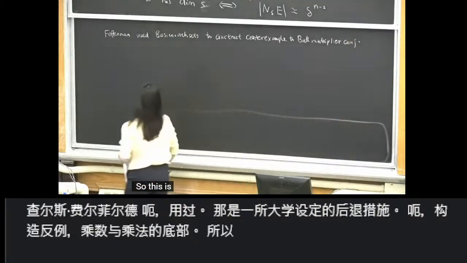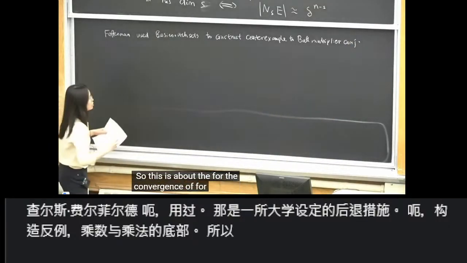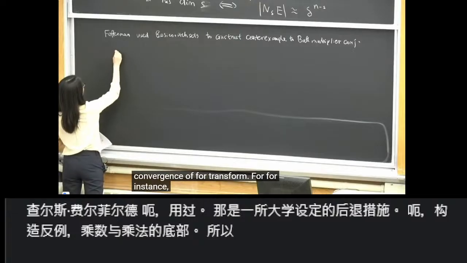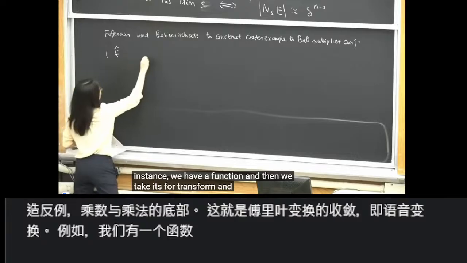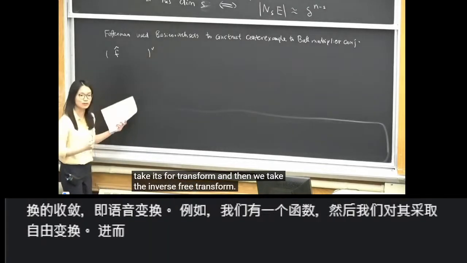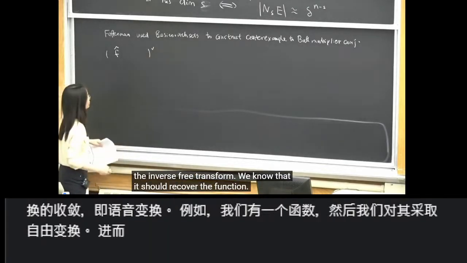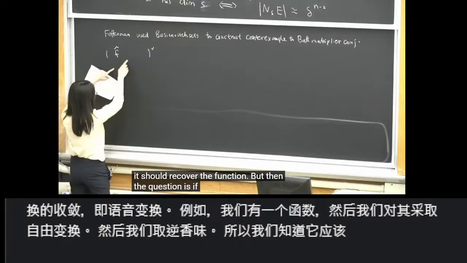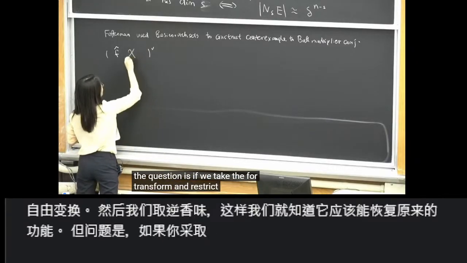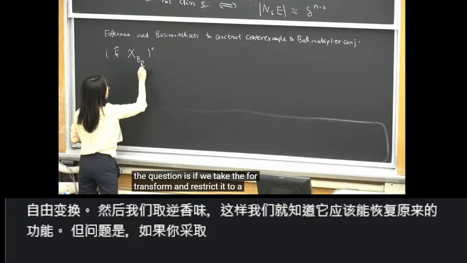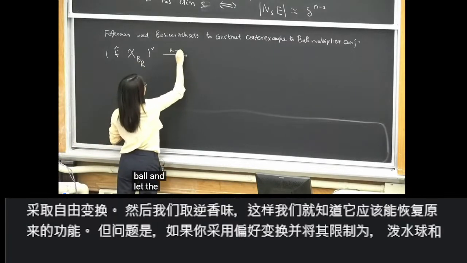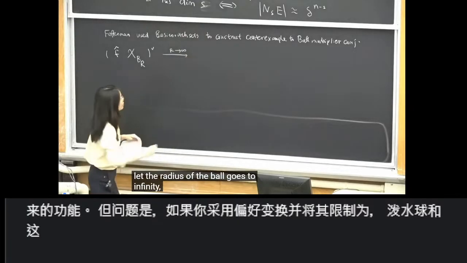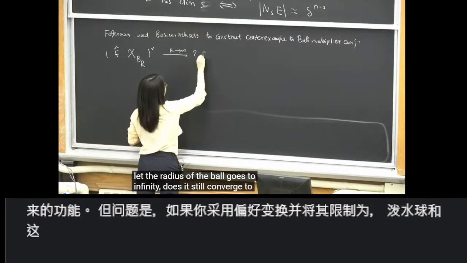So this is about the convergence of the Fourier transform. For instance, we have a function, and then we take its Fourier transform, and then we take the inverse Fourier transform. We know that it should recover the function. But then the question is, if you take the Fourier transform and restrict it to a large ball and let the radius of the ball go to infinity, does it still converge to f?